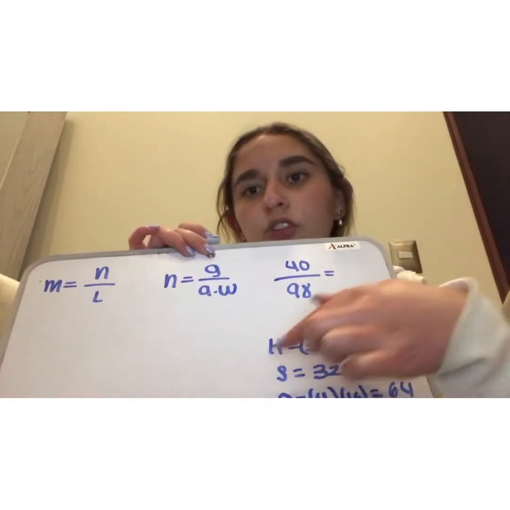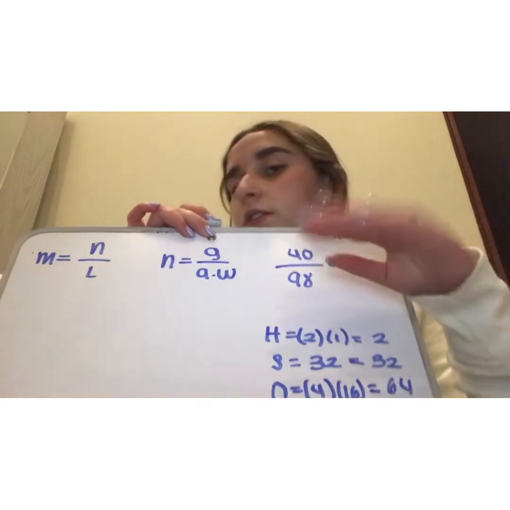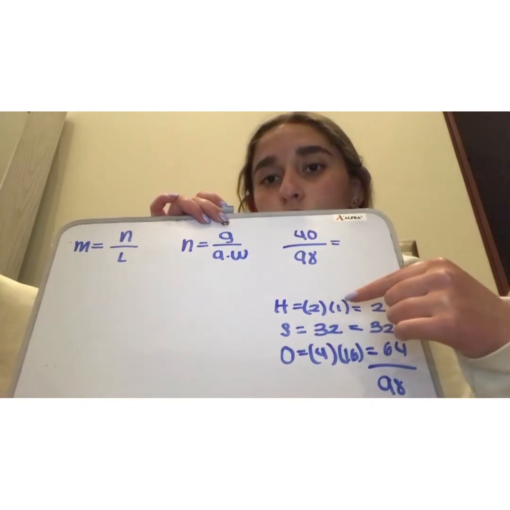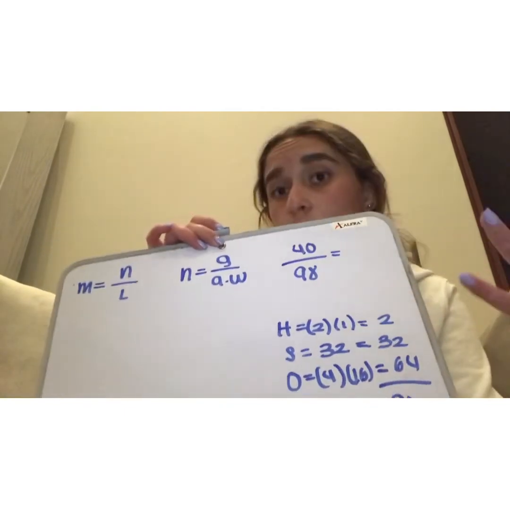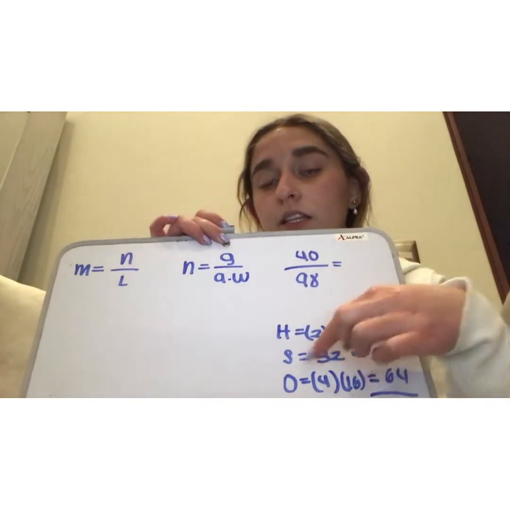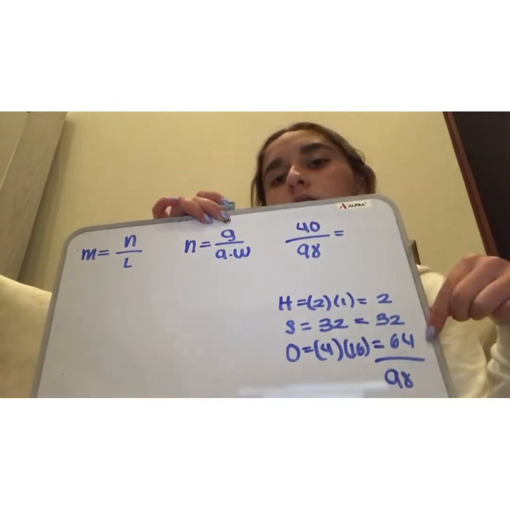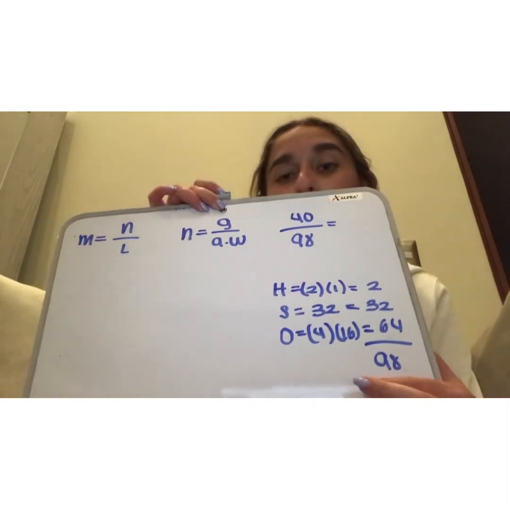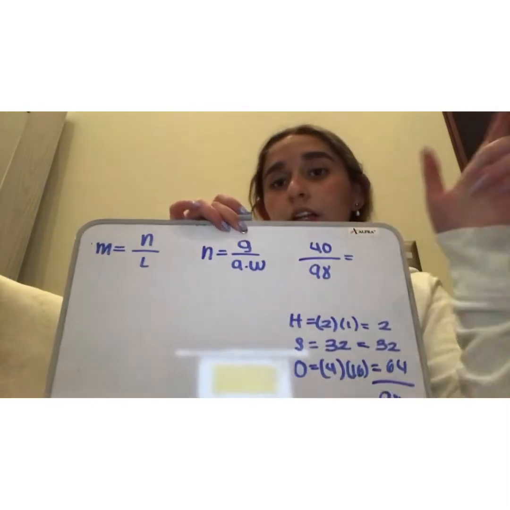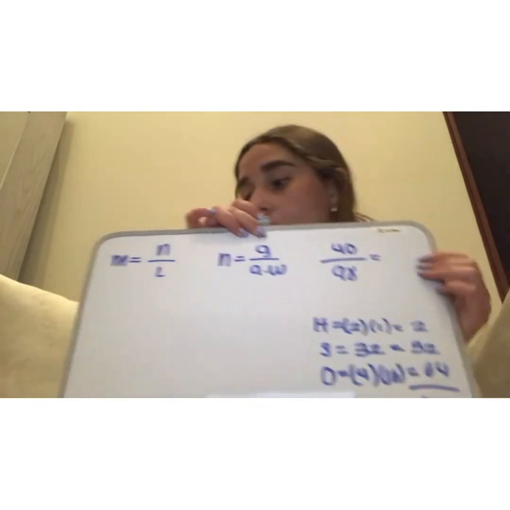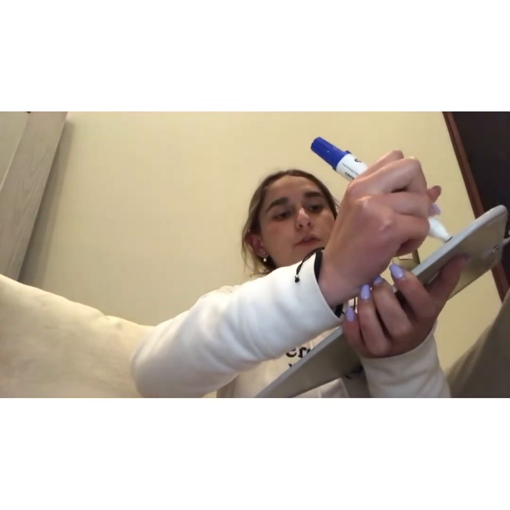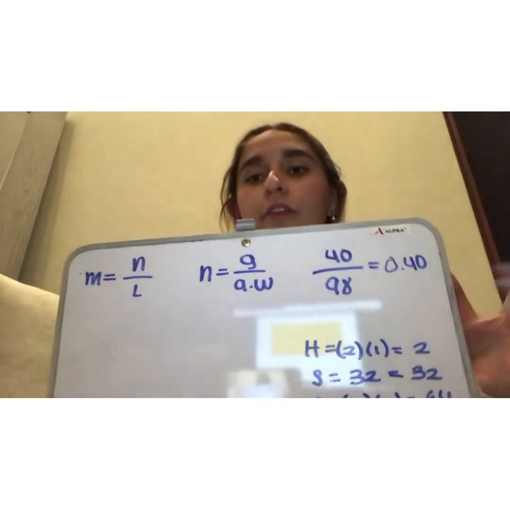In this case H repeats 2, S repeats 1 time, and O repeats 4. Okay, and these ones, that is 1, 32 and 16, are the atomic weight of each element. So we multiply these ones, and then with these results we add all together, and we have 98. So that's why here we have this number, and the result is 0.40. Okay, it's 0.40.